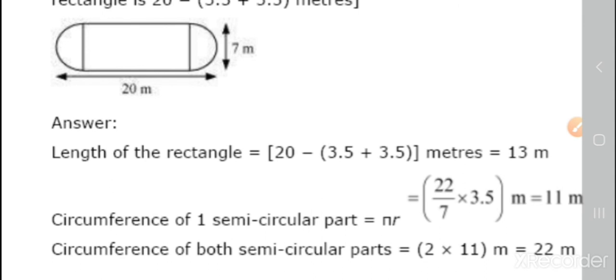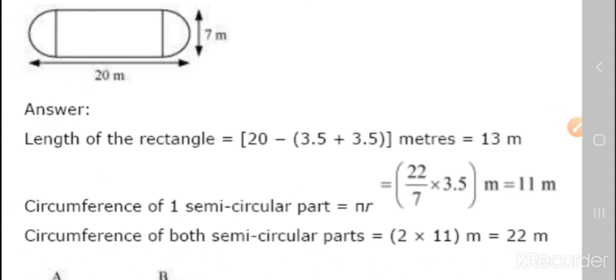Now length of the rectangle is equal to 20 minus 3.5 plus 3.5, that is equal to 13. We got it. Now circumference of one semicircular part, that is pi r. Okay, so 22 by 7 into 3.5, that is 11 meter. Then circumference of both semicircular parts is equal to 2 into 11, that is equal to 22 meter.